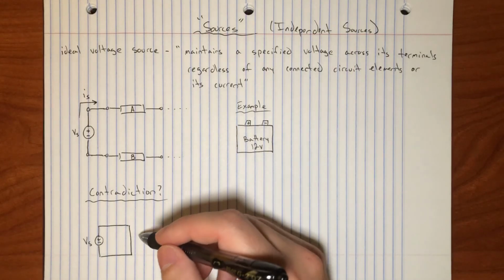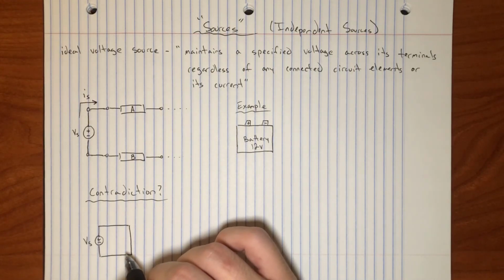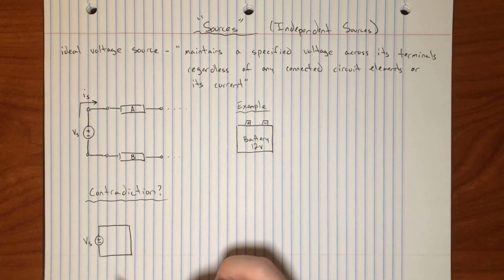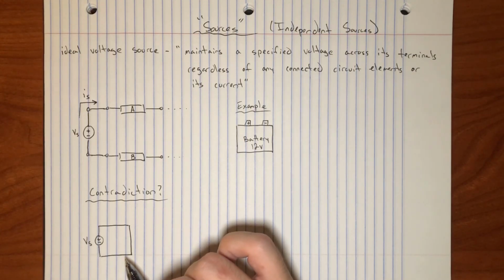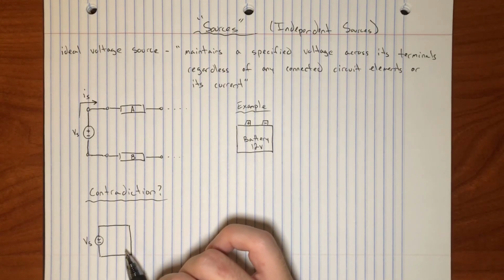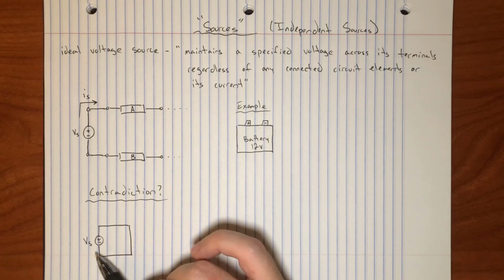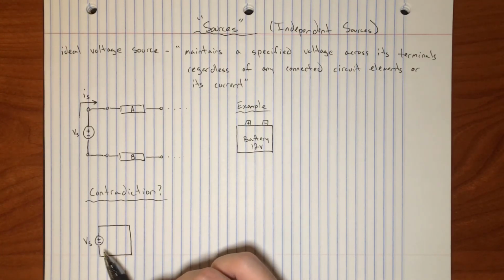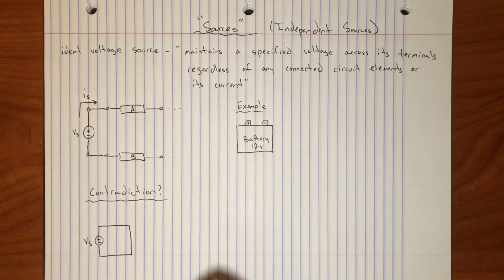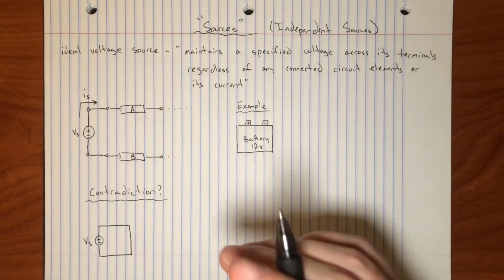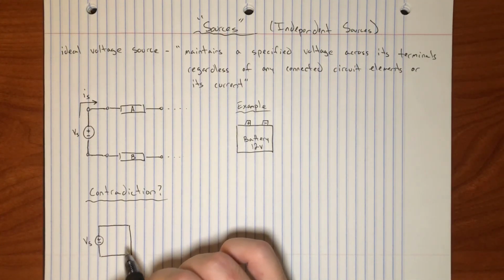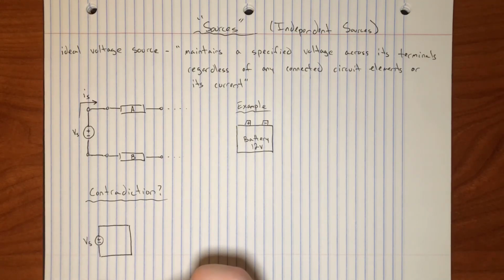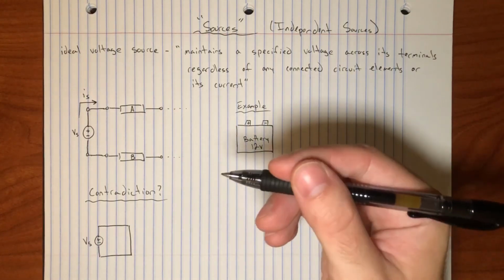Well, there is and there isn't. In the plainest technical sense, yes, there's a contradiction by virtue of how we've defined these two things, but you can quickly put this paradox to bed by remembering that neither of these things is real. There's no such thing as an ideal voltage source, and there's no such thing as an ideal conductor. And remember, the reason we use ideal conductors and ideal sources is to help us in our modeling and analysis.